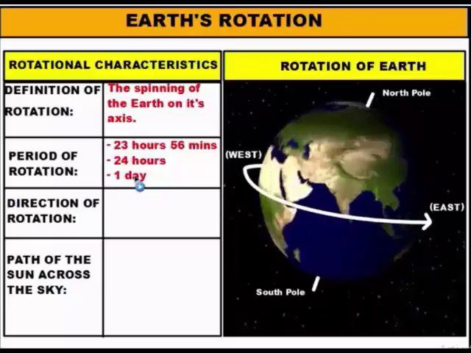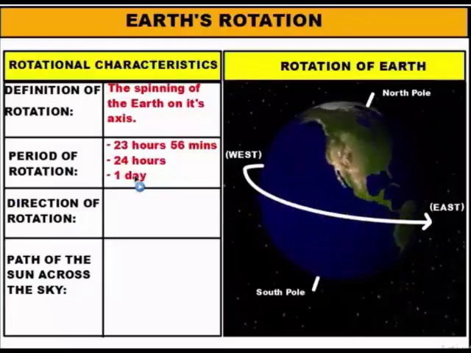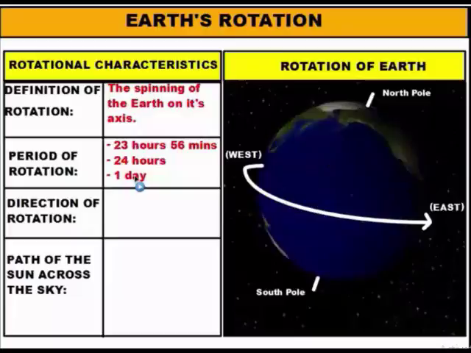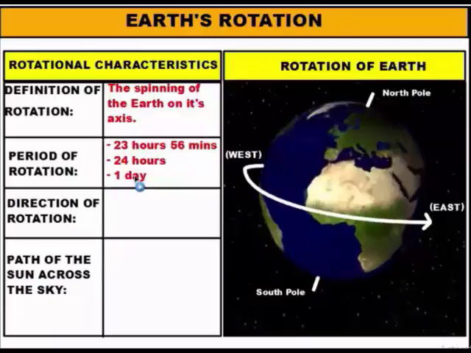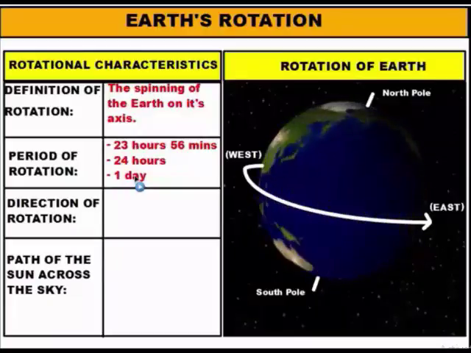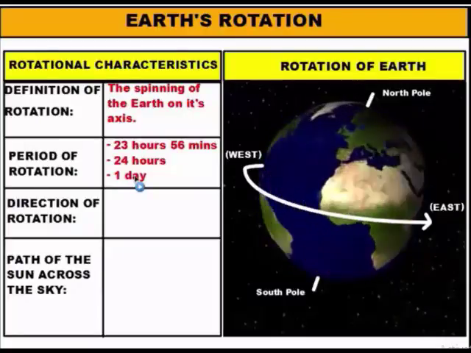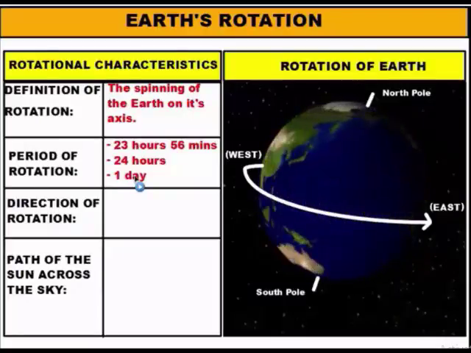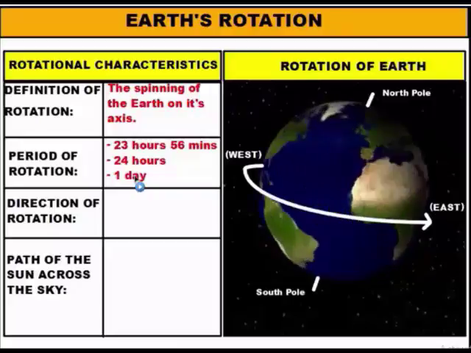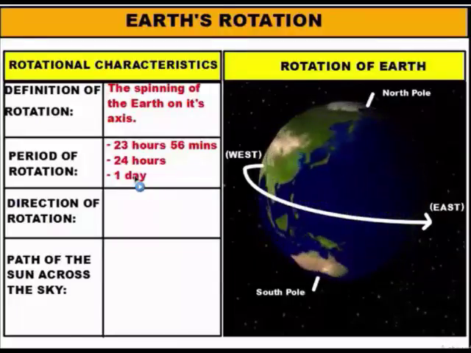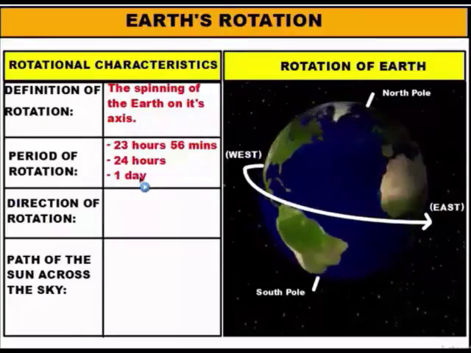So earth takes 23 hours 56 minutes to complete one rotation, one spin. That is equal to 24 hours, and we all know that 24 hours is equal to 1 day. Therefore earth takes 24 hours, 1 day to complete one rotation.